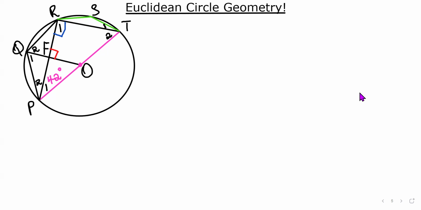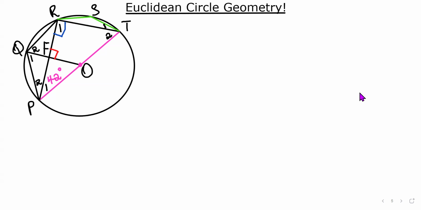So I see that angle Q1 is equal to Q2, and Q1 when you combine them, angle Q1 is equal to angle OPQ. Okay, what's the reason for that?